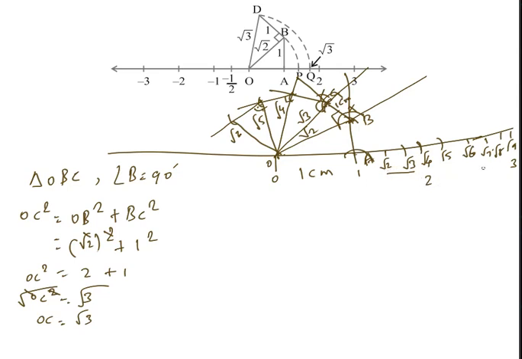We got root 5, root 6, root 7 and root 8 in between 2 and 3. So any irrational number we can get in this way. We can complete this square root spiral so that we can represent the irrational numbers on the number line.